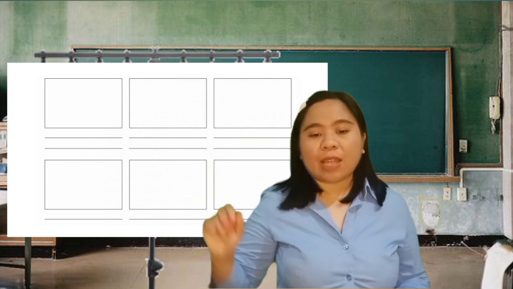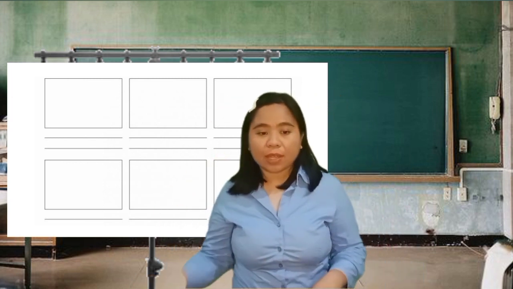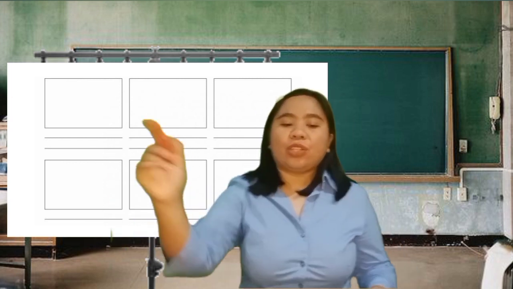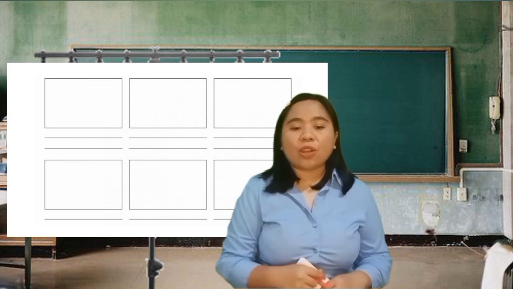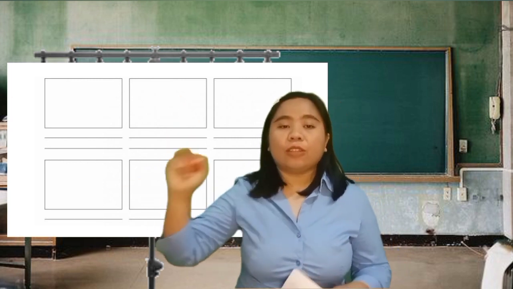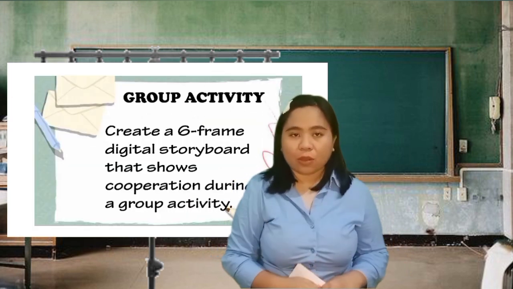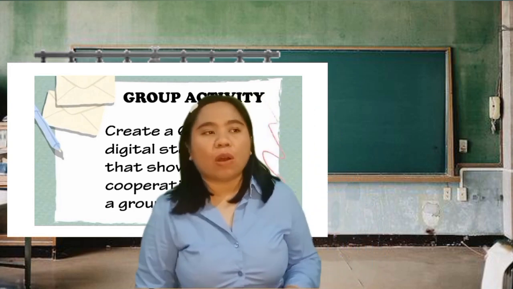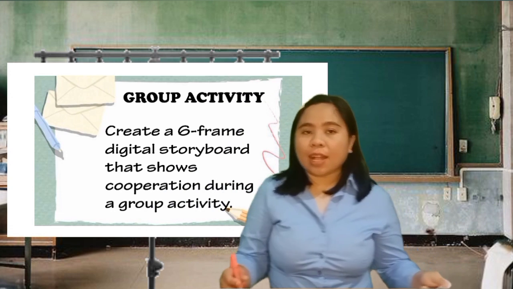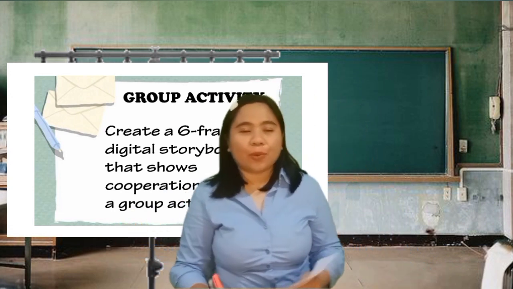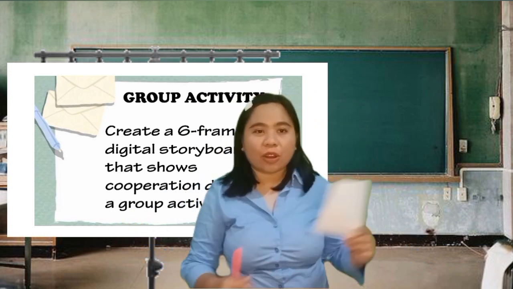Your storyboard is all about showing cooperation during a group activity. It's up to you whether you draw or you just capture yourselves helping your group mates, then put it on the storyboard.